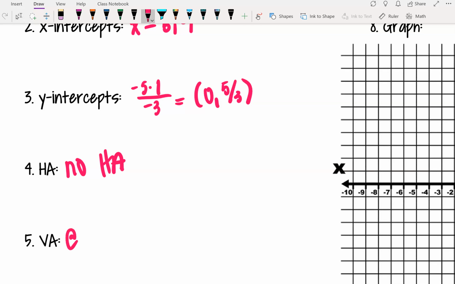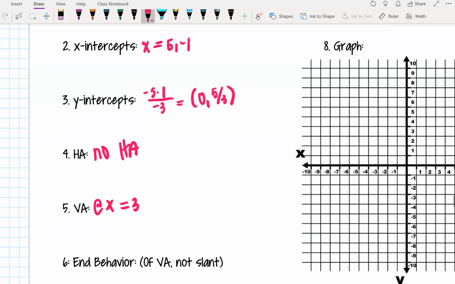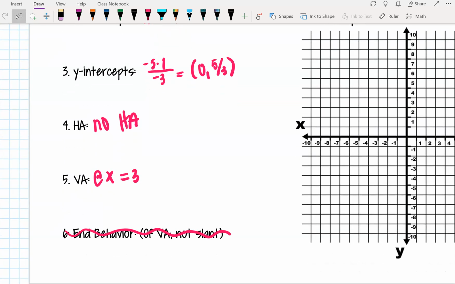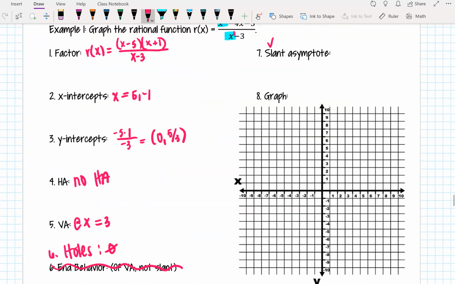VA, you have a vertical asymptote at x equals 3. This is the only thing that's left. We're not going to do number 6, but what we do need to add is, do we have any holes? Okay, and here we don't have any holes. Okay, and we'll still do domain when we need to.